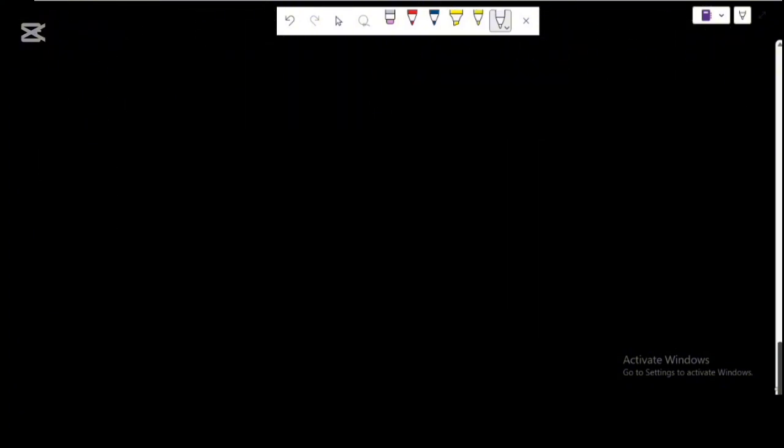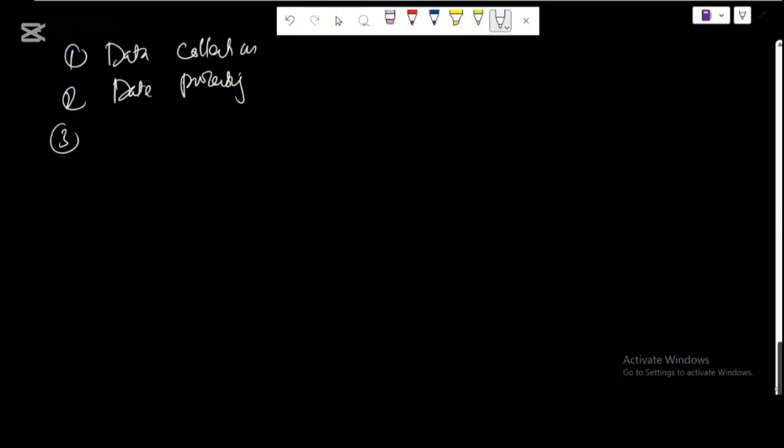Now in this process, first you will have to do the data collection. Clear? Once you collect the data, then you will have to process the data, and then after processing data, you have data storage, and then you will have information output.